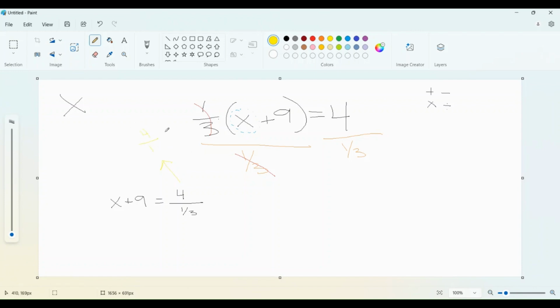That's actually really helpful because the easiest way, I think, to divide by a fraction is to do what we call copy dot flip, or keep, cross, multiply, whatever, reciprocal. You say, okay, well, that's equal to 4 over 1 divided by 1 over 3.